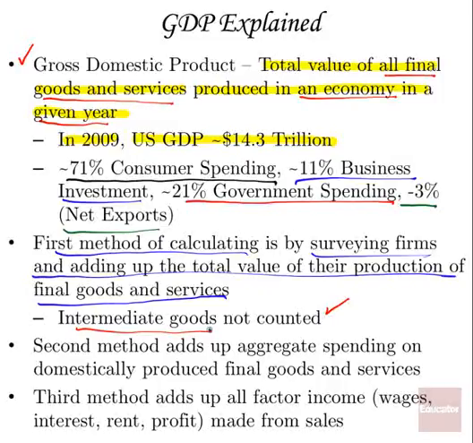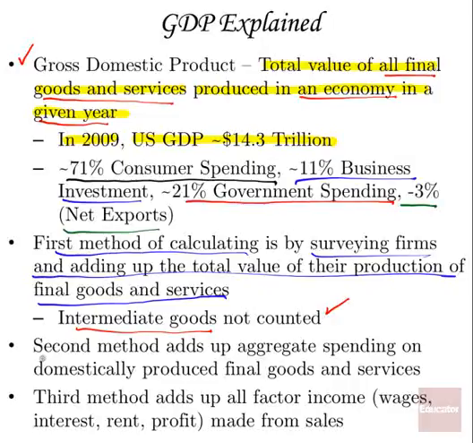You don't include the cost it required in order to produce the windshield, because you'd be double counting. The windshield maker would count that, but if you include that and also the actual final goods and services, then you'd have double counting here. So the first method is, again, by adding the total value of the production of the final goods and services.